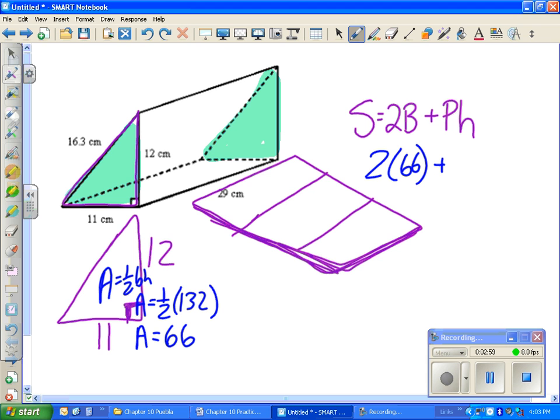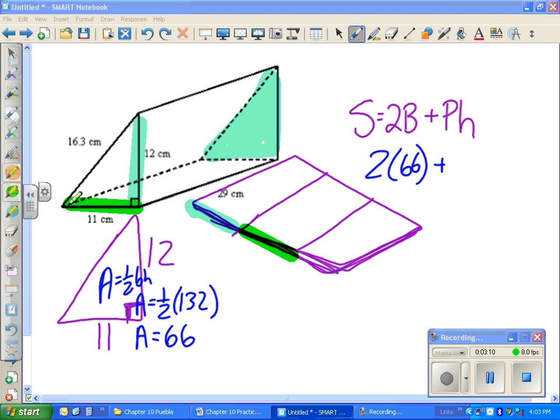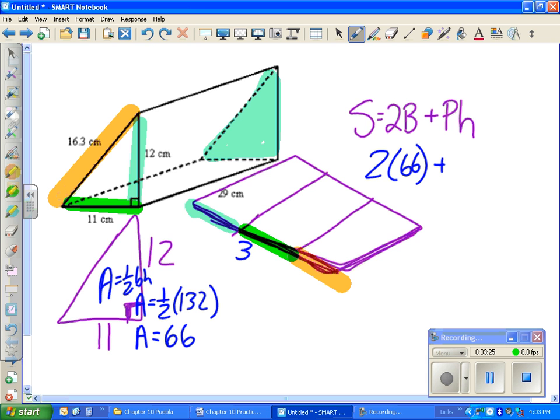Each side here basically belongs to one side of this triangle, just as you start unfolding it, and so forth, okay? So that's why you need the perimeter. The perimeter here is going to be 16.3 plus 12 plus 11, and you should have a perimeter of 39.3. So that's what your P is, 39.3.